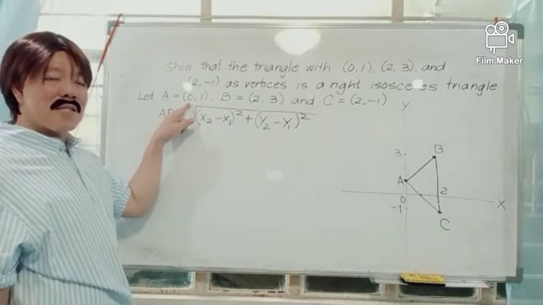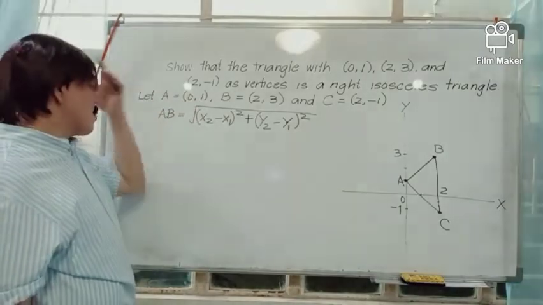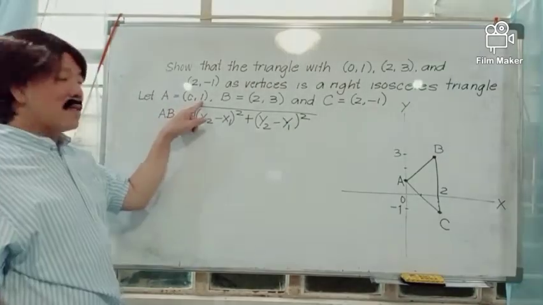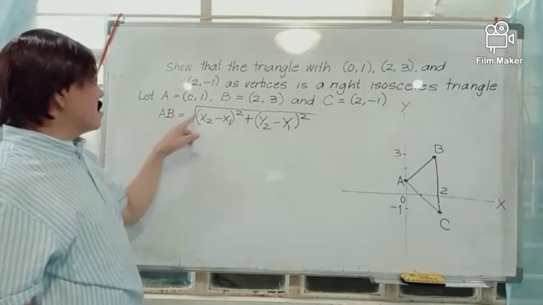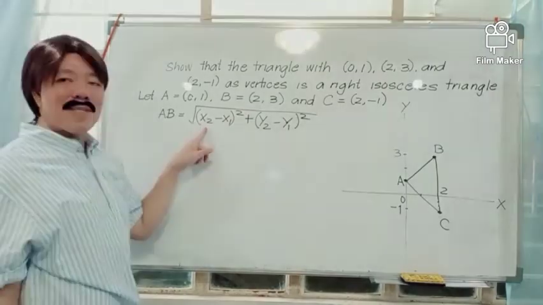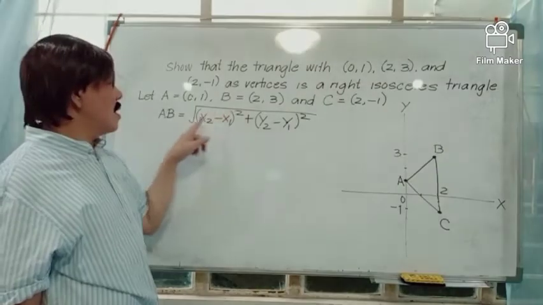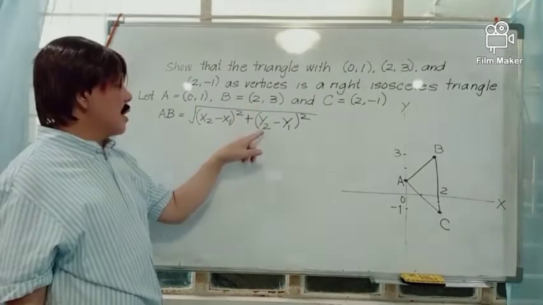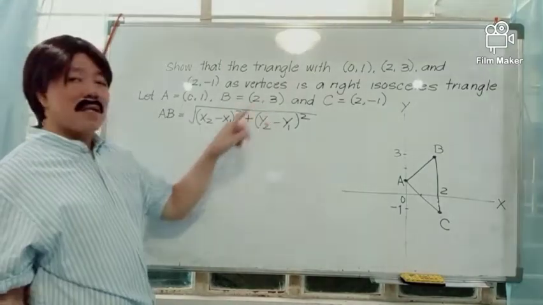Hence x1 is 0 and y1 is 1. And we take B with coordinates 2, 3 as the point with coordinates x2, y2. Hence your x2 is 2 and your y2 is 3.